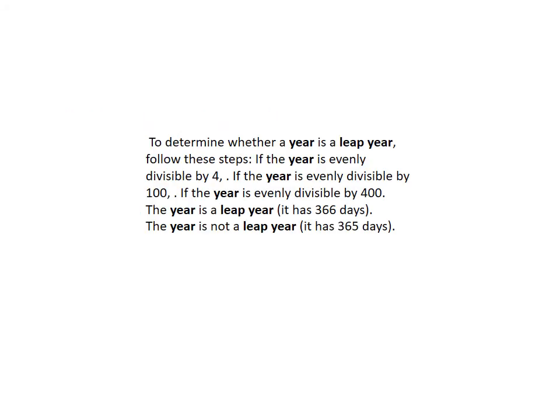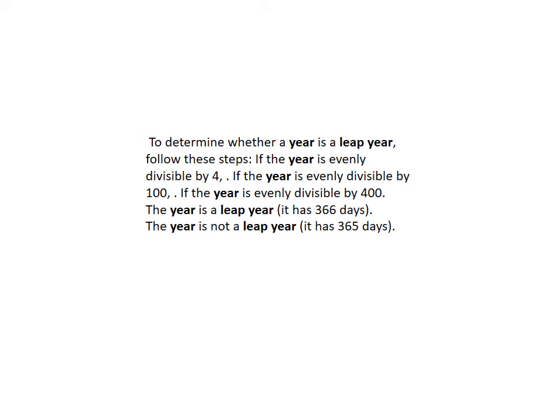Now children, we will learn how to test for the leap year and what is leap year. The earth takes about 365 days and 6 hours to go round the sun. But we keep only 365 days in a common year.